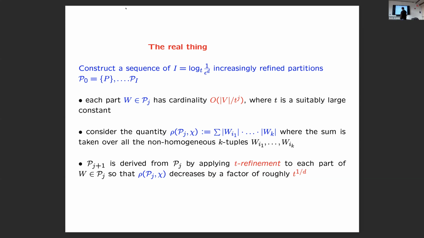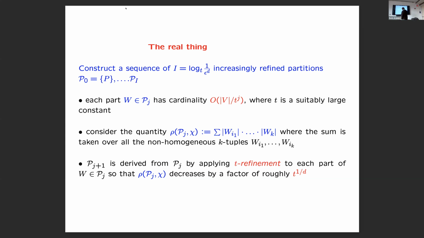In each step, unless your part is already small, you seek to further reduce it by a factor of t, where t is a significant constant. Computationally, how do you achieve that perturbation? I will tell in the next slide.